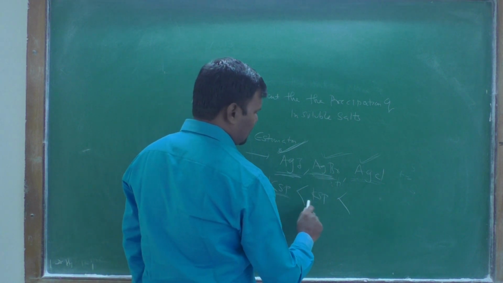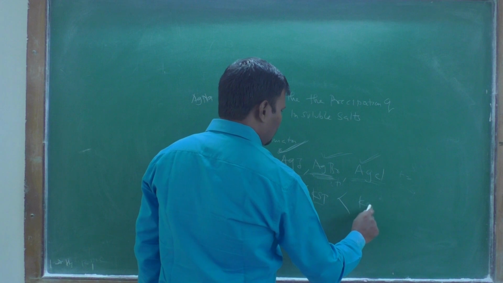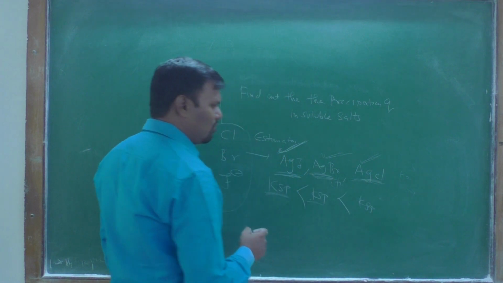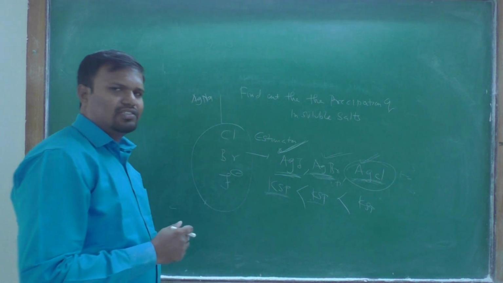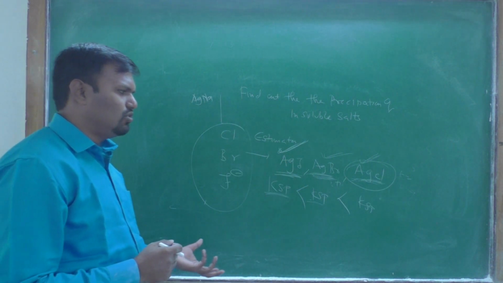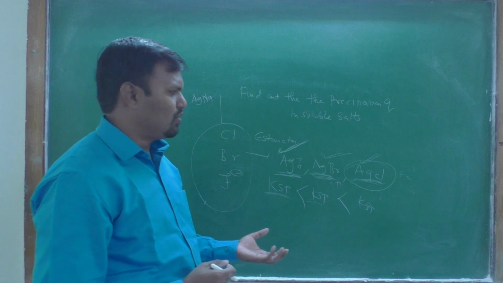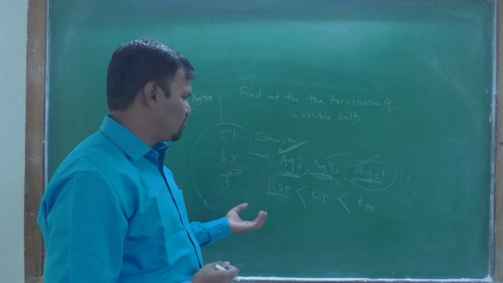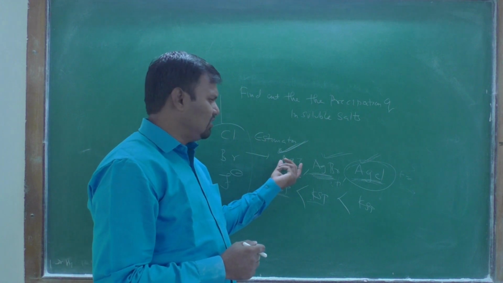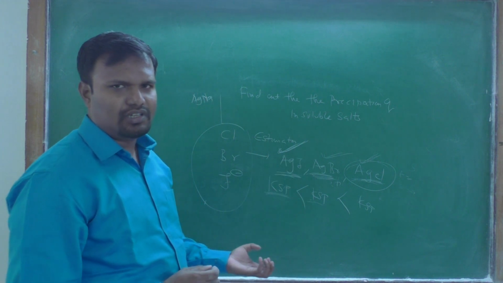Okay, first this, then this, and then this. The solubility product of AgCl is more, therefore it appears at the last. As the solubility product increases, the precipitation tendency decreases. Okay, with less solubility product, it precipitates easily.